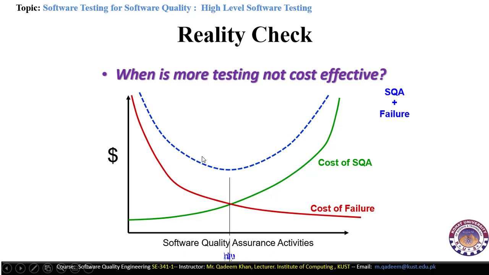And this is the optimal quality level, so we have to keep these things balanced. Software quality and failure cost should be balanced. That means, for example, at this point, we have the cost of software quality assurance and also the cost of failures. If the system fails, then it will be a costly project.